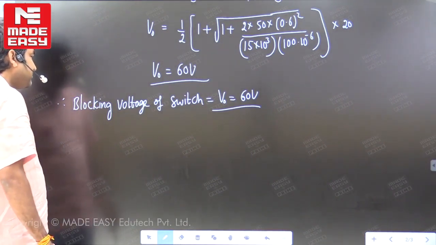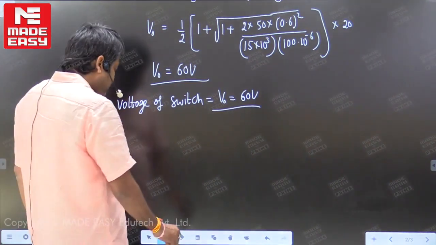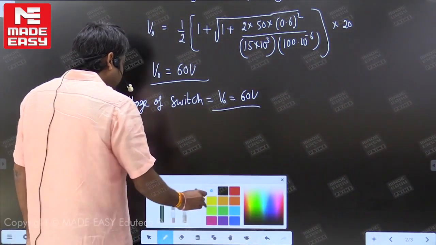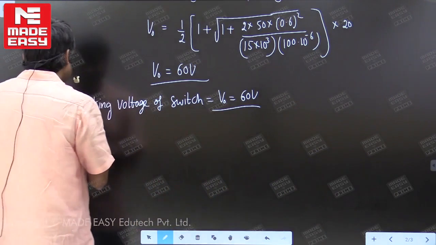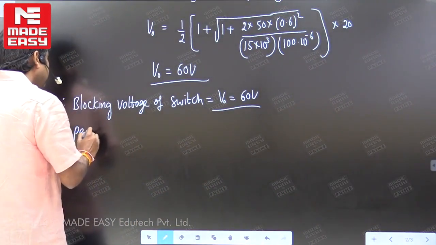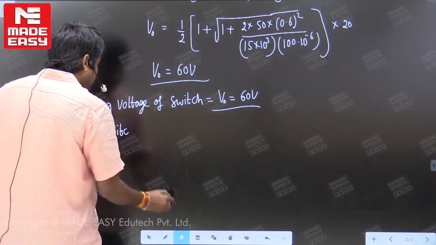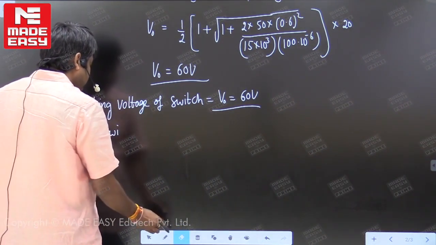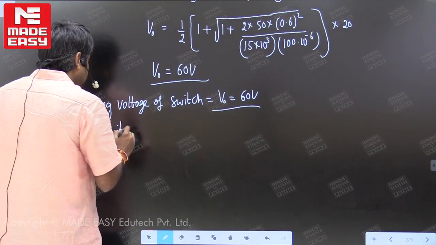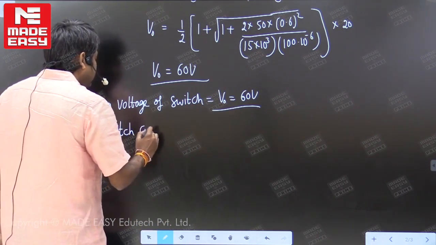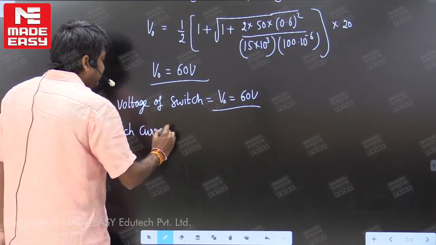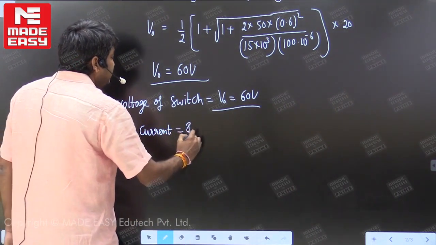Then the next one is, what is the peak current passing through the switch? The peak switch current is nothing but I maxima.